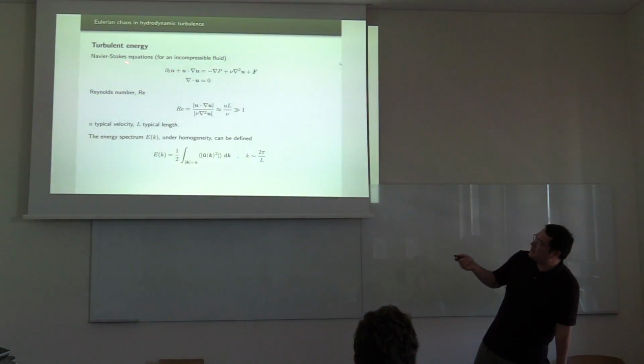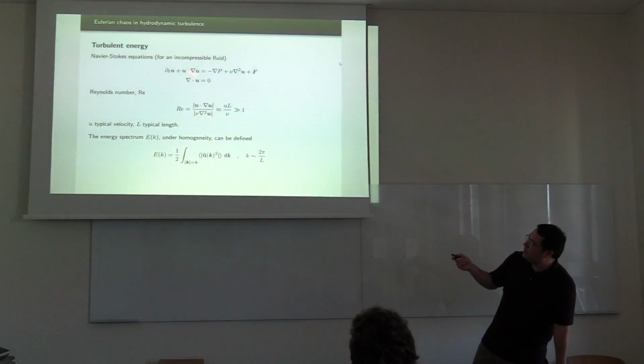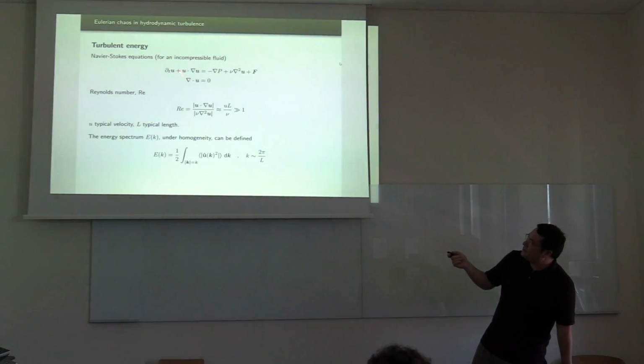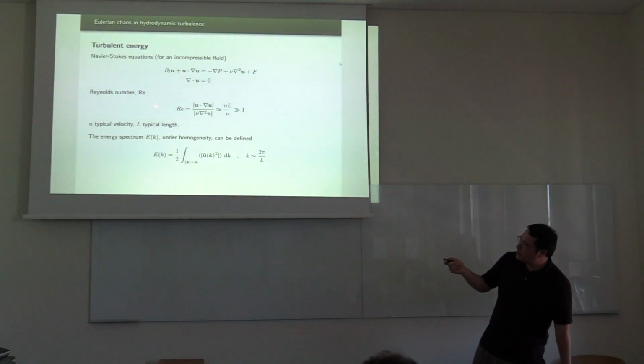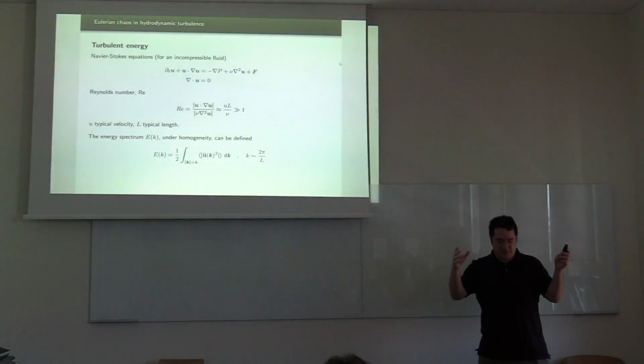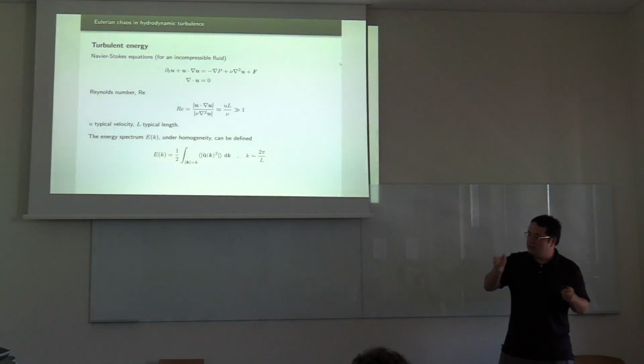Okay, so we solved the Navier-Stokes equation in a periodic domain of length 2 pi. We have incompressible turbulence, so we have the divergence of u is 0. Turbulence is quantified by the Reynolds number. This is the ratio of the inertial to viscous forces. So if the viscous forces are very high, your fluid is essentially damped and the motion becomes laminar.